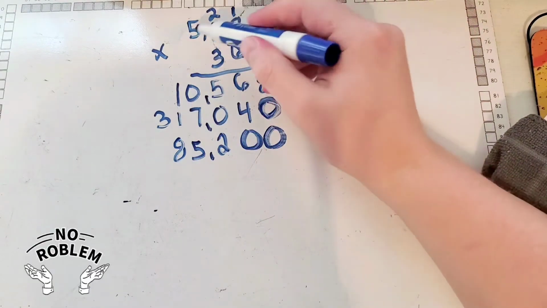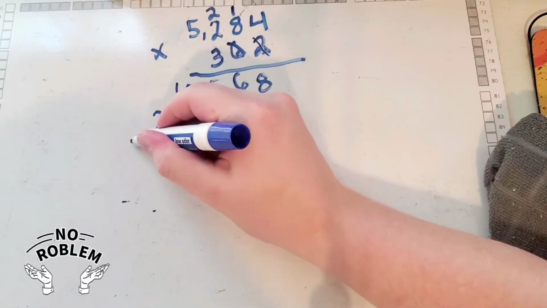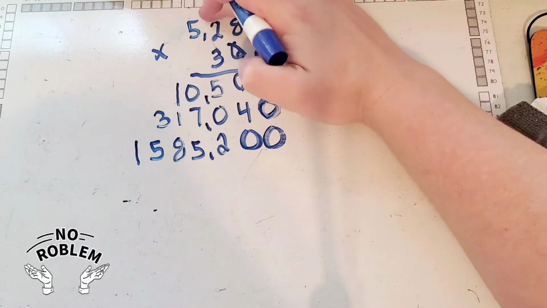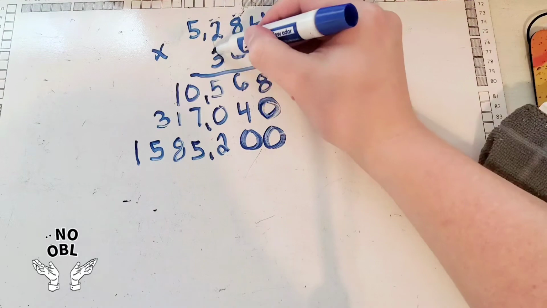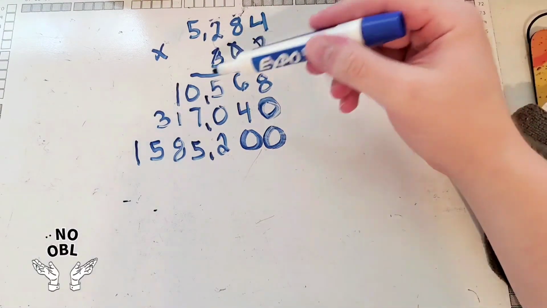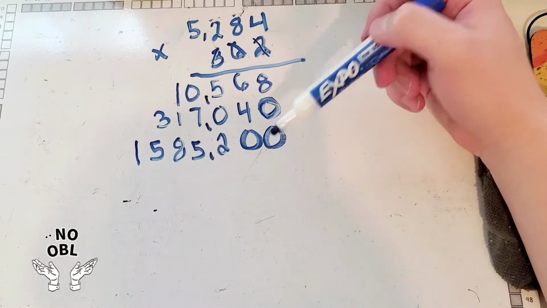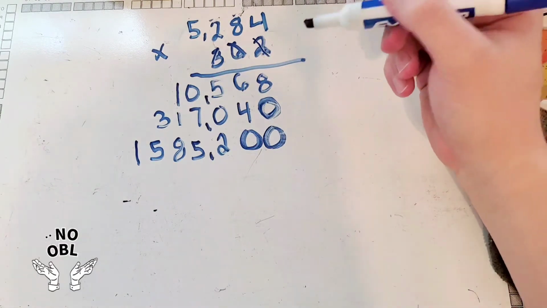And 3 times 5 is 15. Okay, so I'm done multiplying times 300. So now I've got my answers to the 3 different multiplication problems I solved. And now all I have to do is add these together.